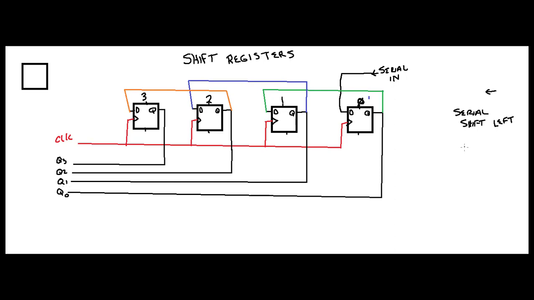Now let's do this over here, shall we? Q0, Q1, Q2, Q3. Now suppose we're starting at a 0, 0, 0, 0 state.